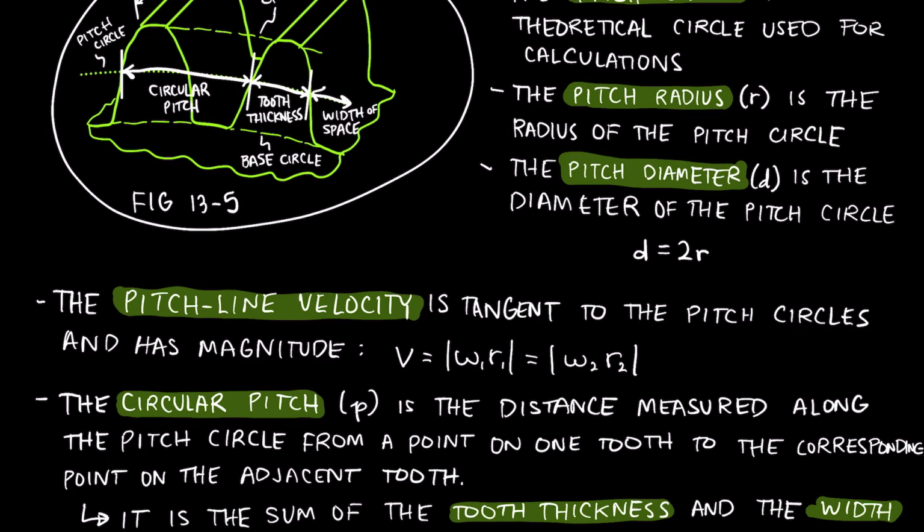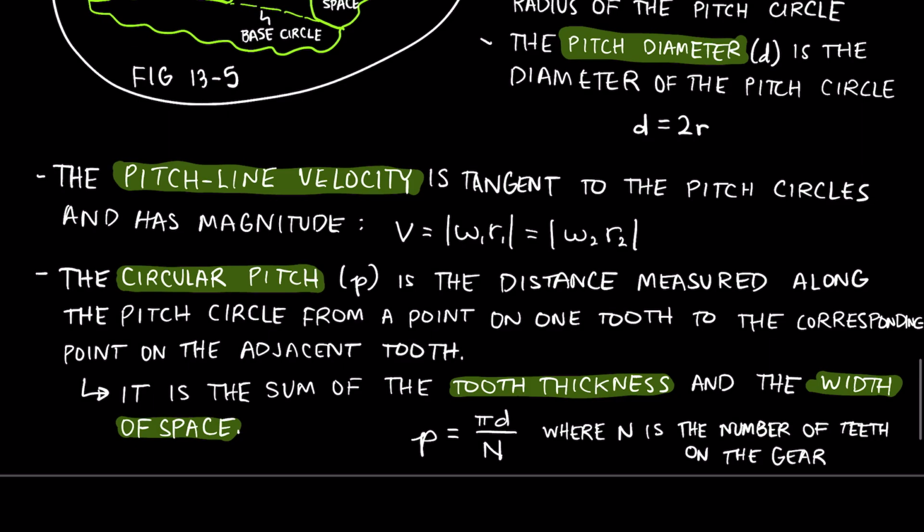Okay, and the tooth thickness plus the width of space is going to be equal to the circular pitch. We can also calculate the circular pitch by multiplying pi times the pitch diameter, so remember, that's 2 times the pitch radius, and dividing that by the number of teeth on our gear.